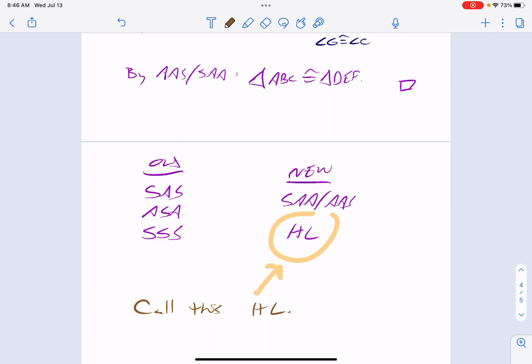Yes, it's kind of a version of angle, side, side, but I don't want you to think that angle, side, side has any generality. We call this rule HL. It feels like it only has two letters, two pieces of information. All the others have three. But just by calling something a hypotenuse, we know we have right triangles, so that third piece of information is implied.